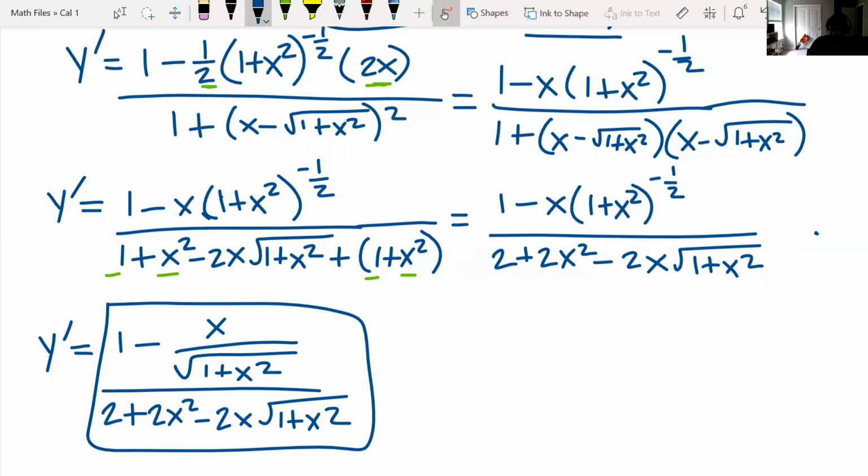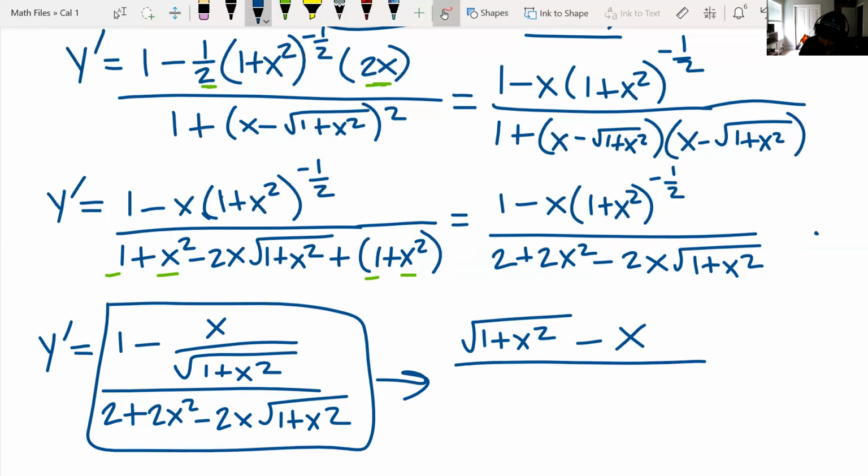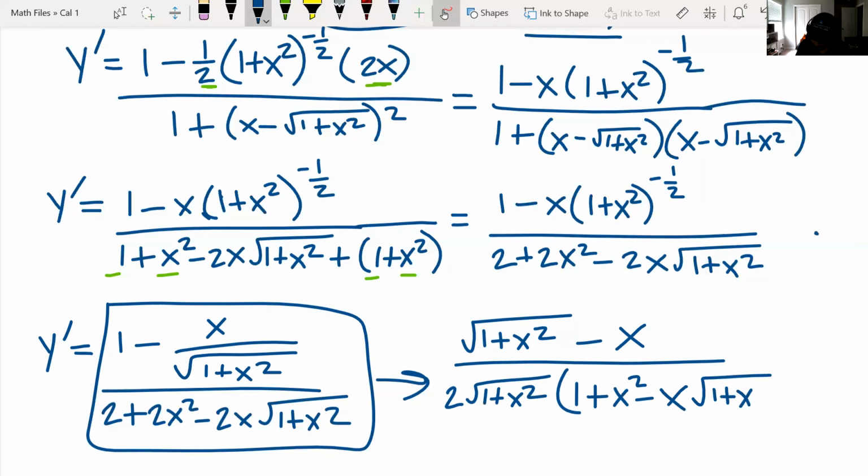If you want to keep going, then after you beat it with a stick, this will become the square root of 1 plus x squared minus x, over 2 square root of 1 plus x squared times 1 plus x squared minus x square root of 1 plus x squared.